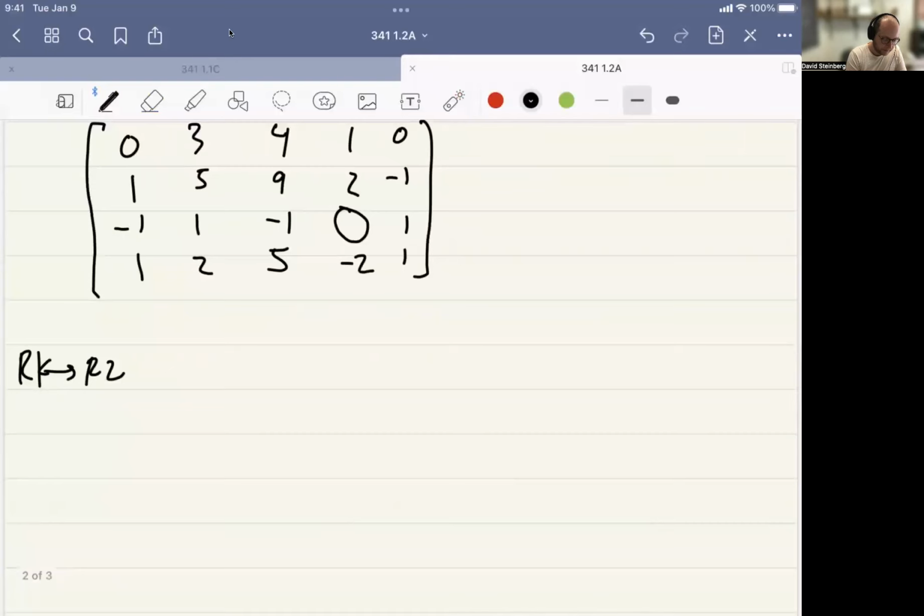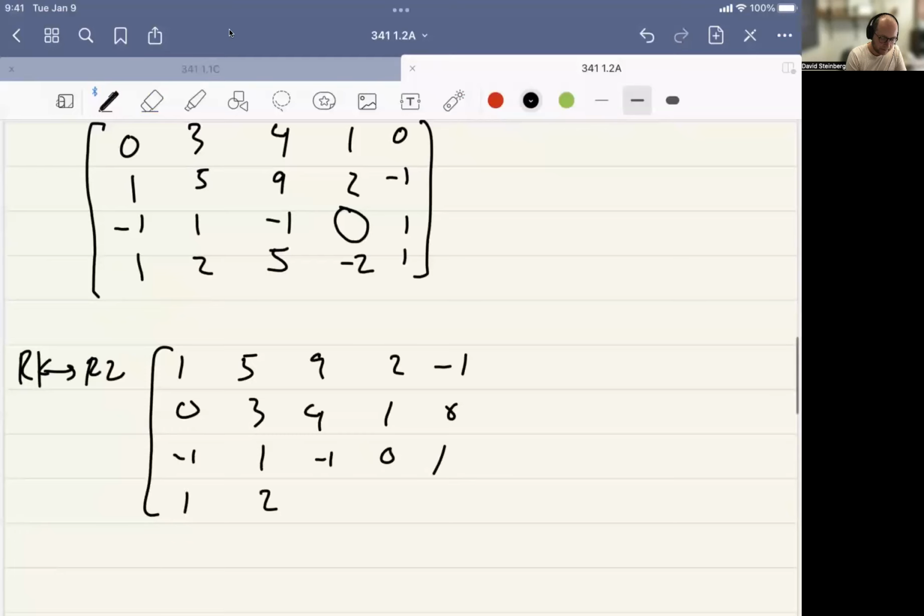We're left with the matrix 1, 5, 1, 5, 9, 2, -1, 0, 3, 4, 1, 0, and the last two haven't changed at all. Sorry, this looks like an 8. It's supposed to be a 0.